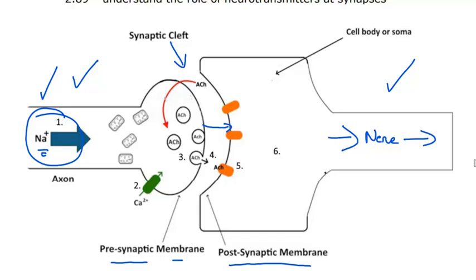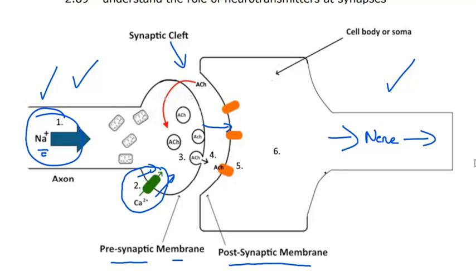Now that then causes changes in the membrane at the end of the dendrite, and that results in a wave of calcium ions suddenly flooding into the ending of the nerve. This calcium, so that's number 2.